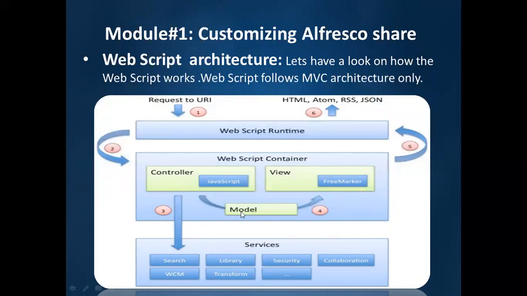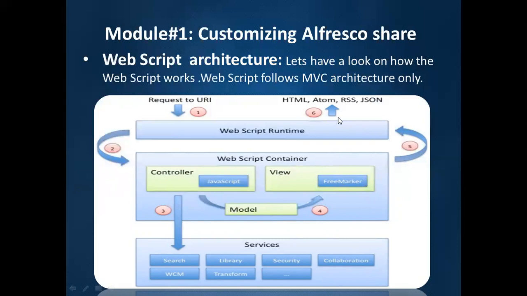A model is data. We will see with full details what a model is. So from the controller to the services to the data, and after taking the data, it is displayed using a view. A view, what is a view? It's a FreeMarker template.